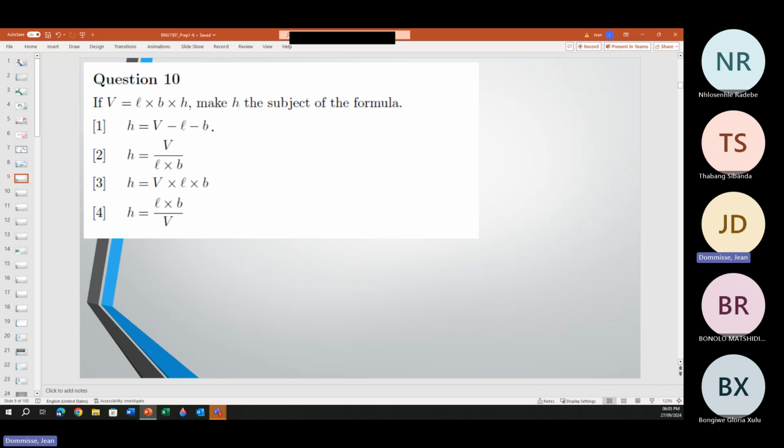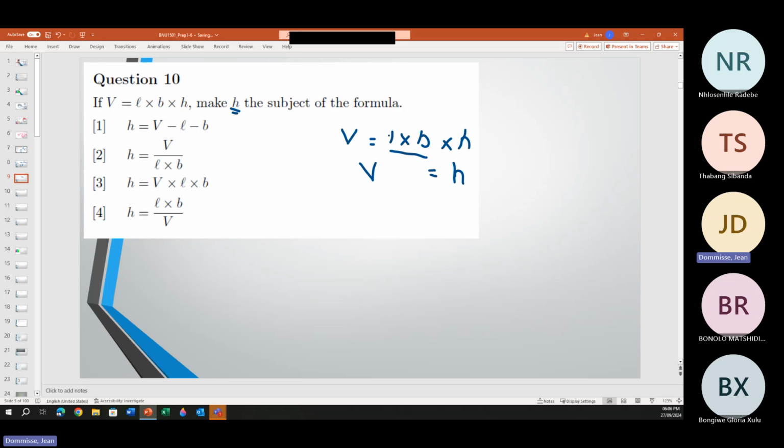So let's write down the formula, and then we can start simplifying. And by simplifying, we might be able to see which ones we need to look at. So to make H the subject of a formula, we need to get rid of L times B. Okay, and how do we do that?